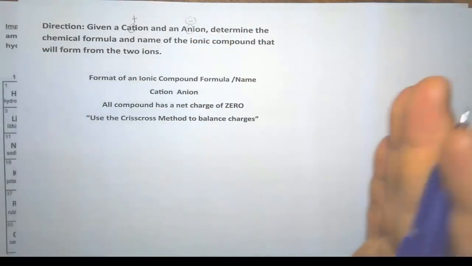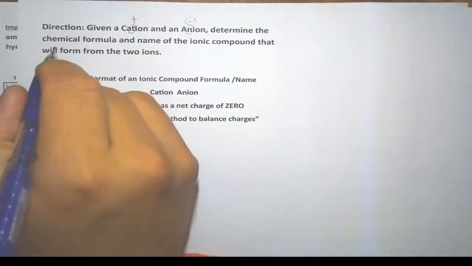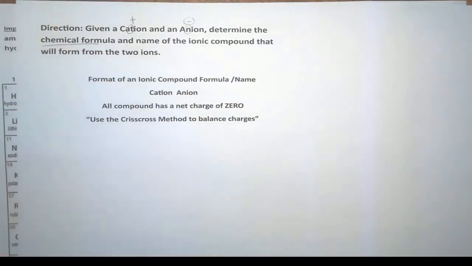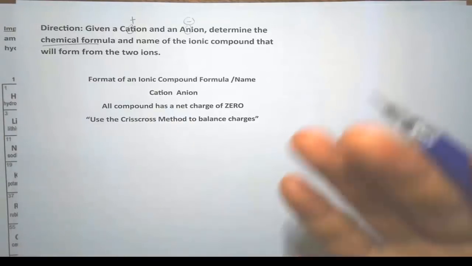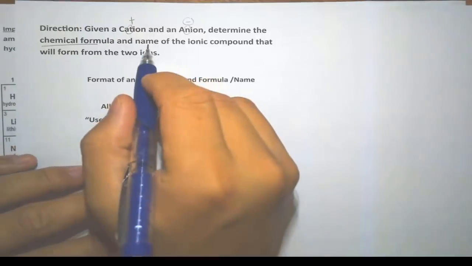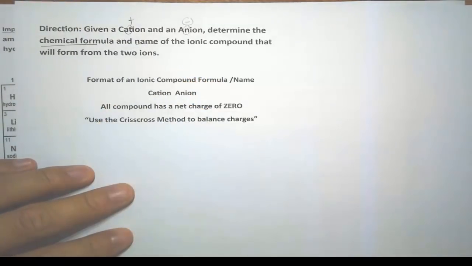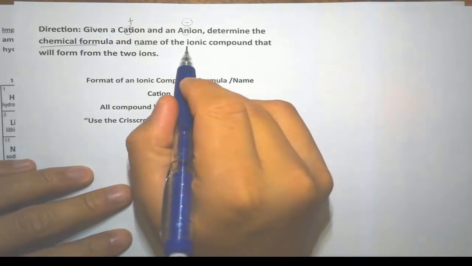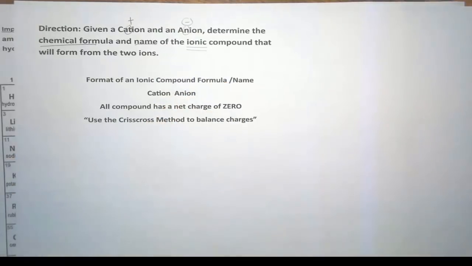Then we look at those 2 ions to determine the chemical formula, which is the structure that we use to represent a substance using element symbols. And then we are also going to determine the name of the compound, which is specifically an ionic compound, made from ions. And the method that we are going to use is this.